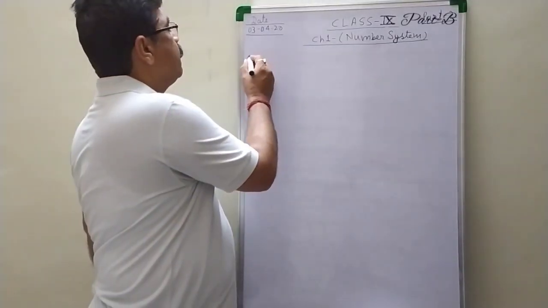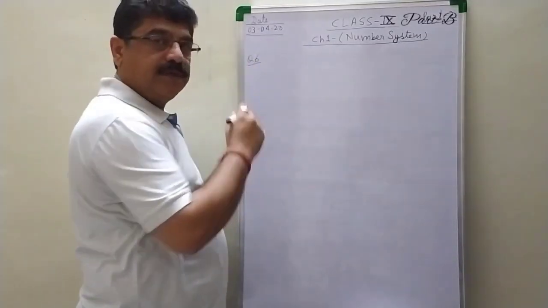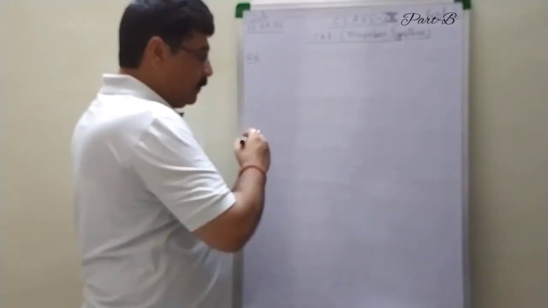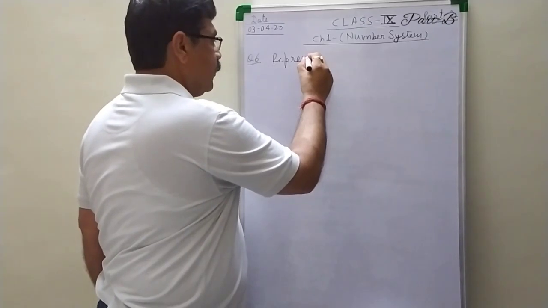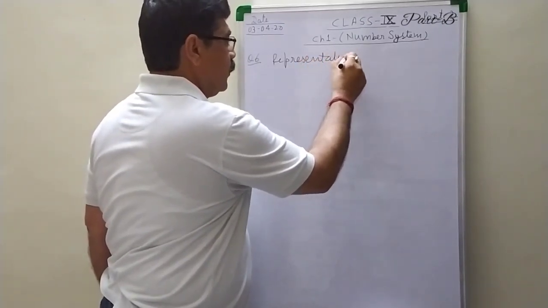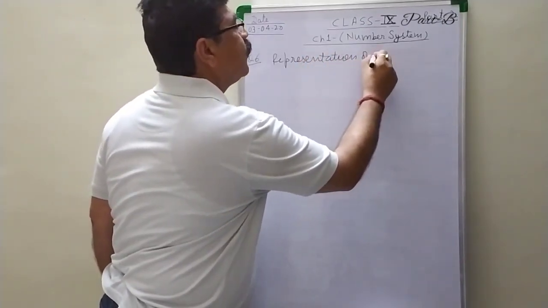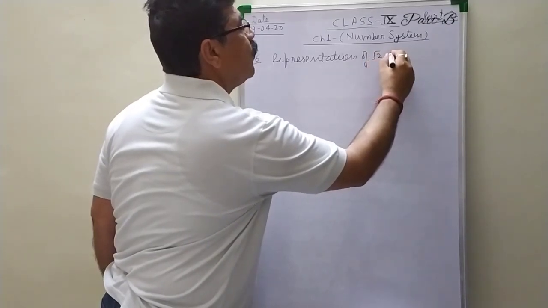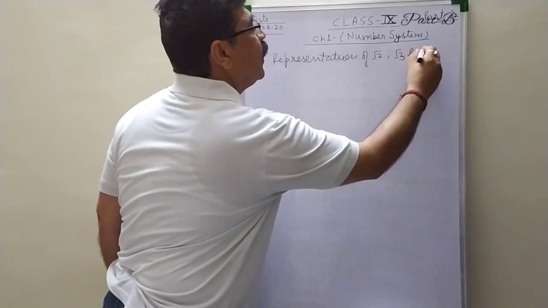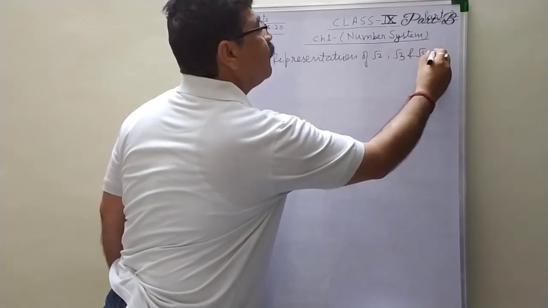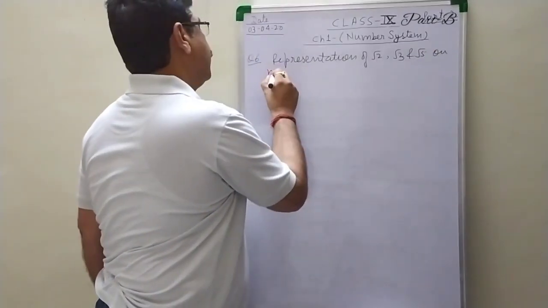Now, question 6. Representation of root 2, root 3 and root 5 on the number line.